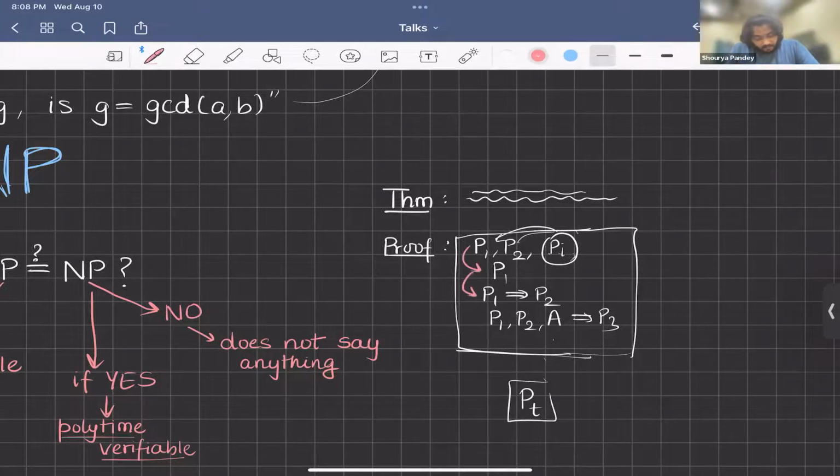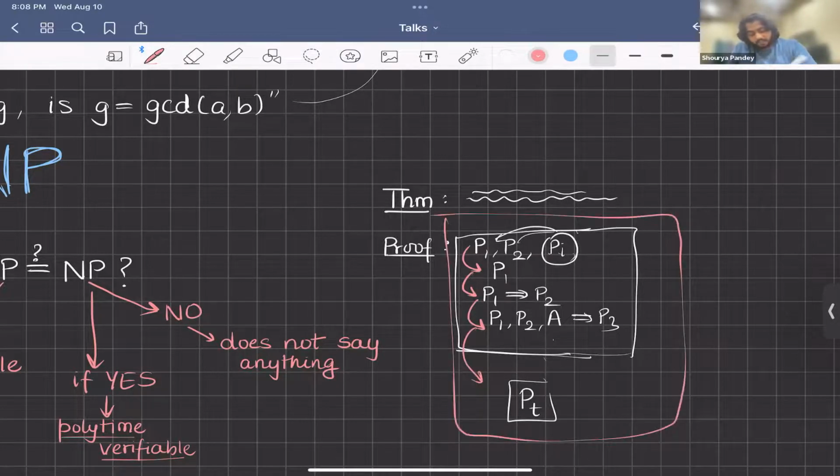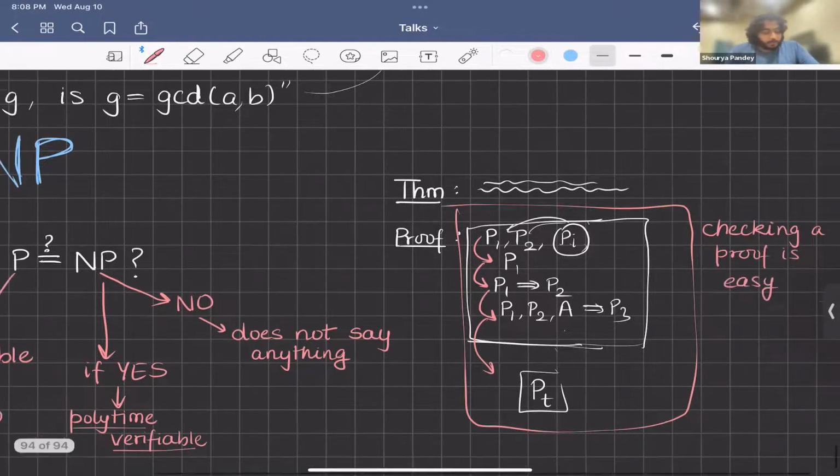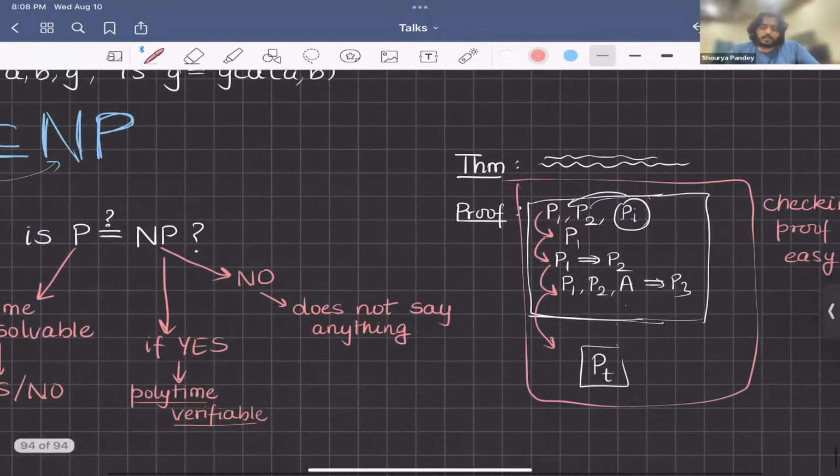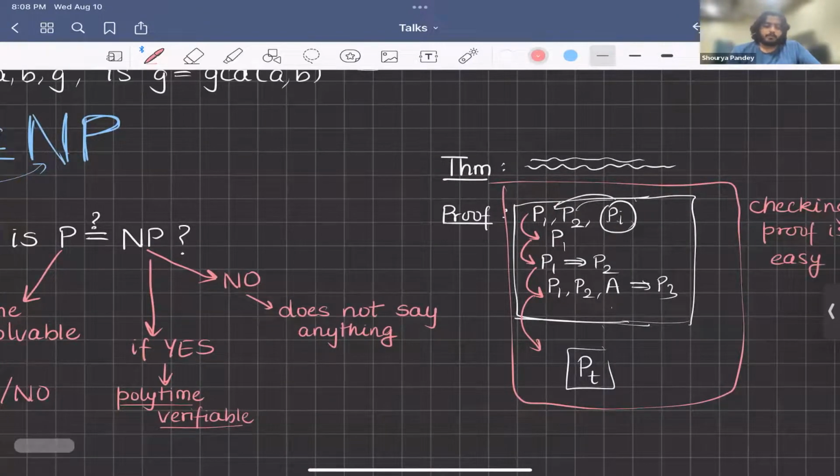And now checking each of these steps is actually easy. So if there is a proof, then checking a proof is easy.